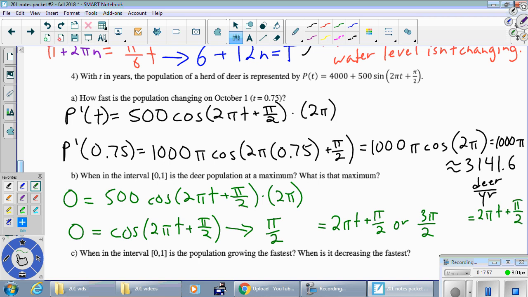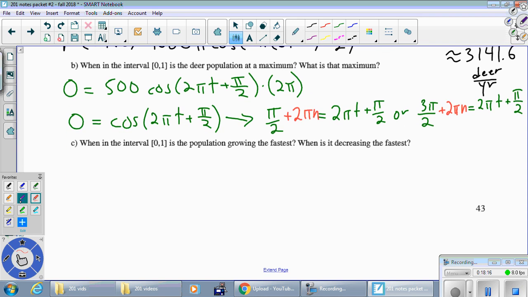Okay, but again, after you find your two fundamental angles, you've got to remember to put in the plus 2 pi n, because we could loop around any number of times and just land on one of these fundamental spots. Okay, so as usual, basic algebra to solve for t. I've run out of space here, so I'm going to bleed into the next problem with this.